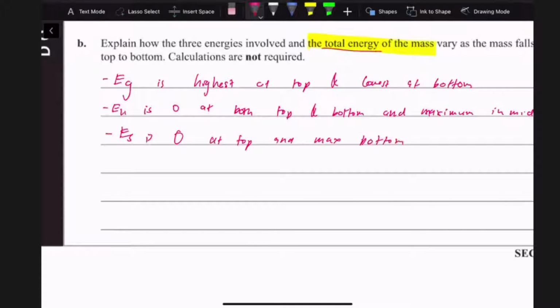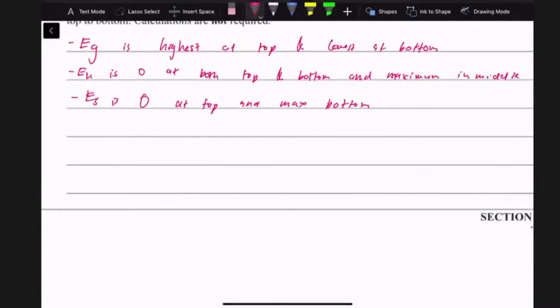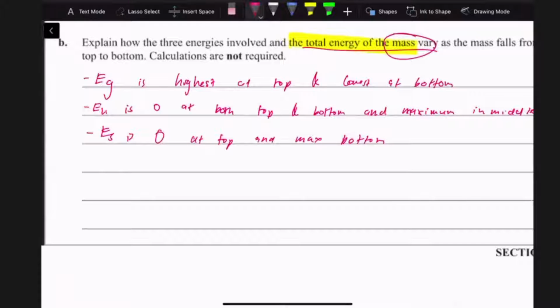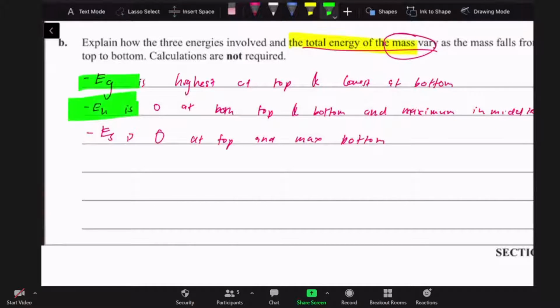So the total energies part is the tricky part because it's asking for total energy of the mass. Out of these 3 energies, only Eg and Ek are energies of the mass, because Es is energy of the spring and not the mass.